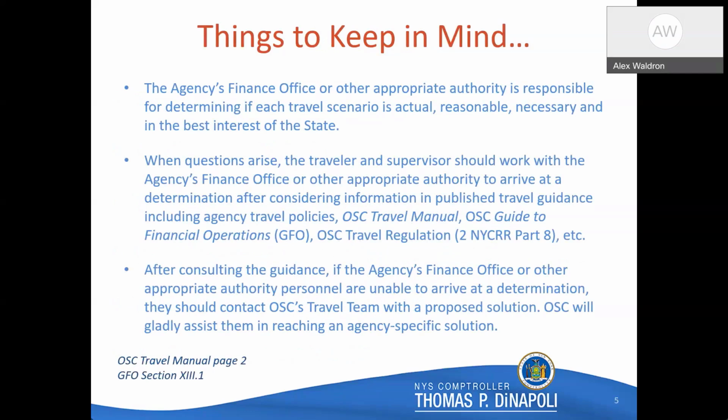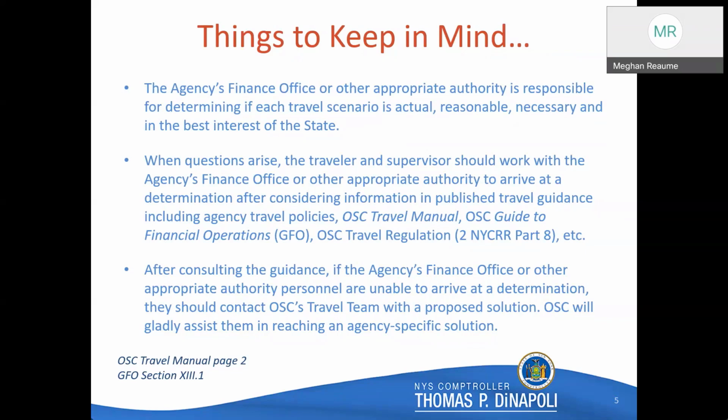Thank you, Alex. So a few reminders before we begin. As stated in the Guide to Financial Operations, or the GFO, Chapter 13, Section 1, Employee Expense Reimbursement Overview, and Chapter 12, Section 7.a, Responding to Voucher and Expense Report Audit Questions, as well as the beginning pages of the OSC Travel Manual, the agency's finance office or other appropriate authority is responsible for determining if each travel scenario is actual, reasonable, necessary, and in the best interest of the state.